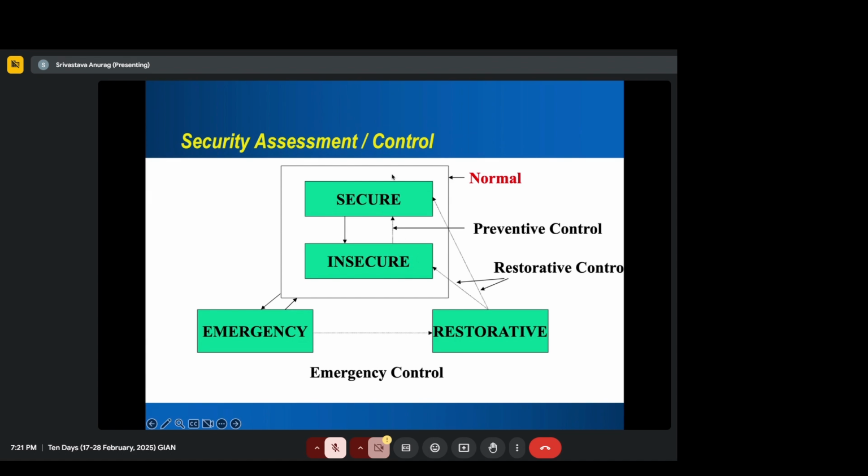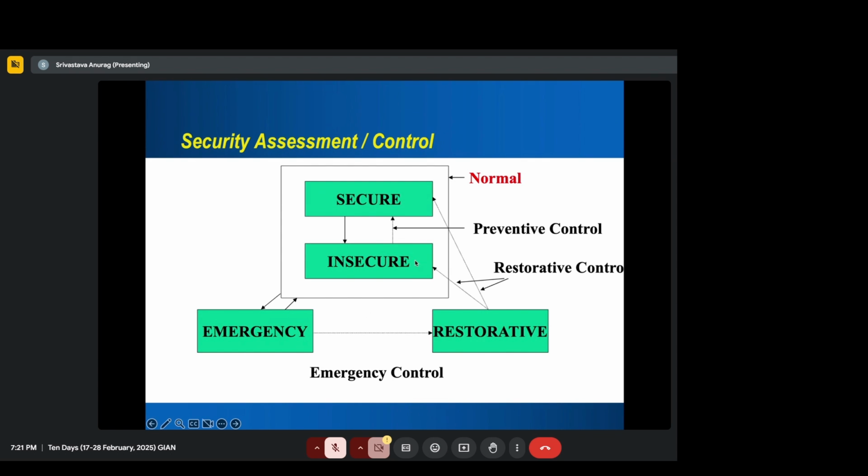So secure and insecure depends on whether you're trying to do the steady state security or the dynamic stability security. Like I said, not every utility does the dynamic stability, but most of the utilities which are large enough do the steady state security.